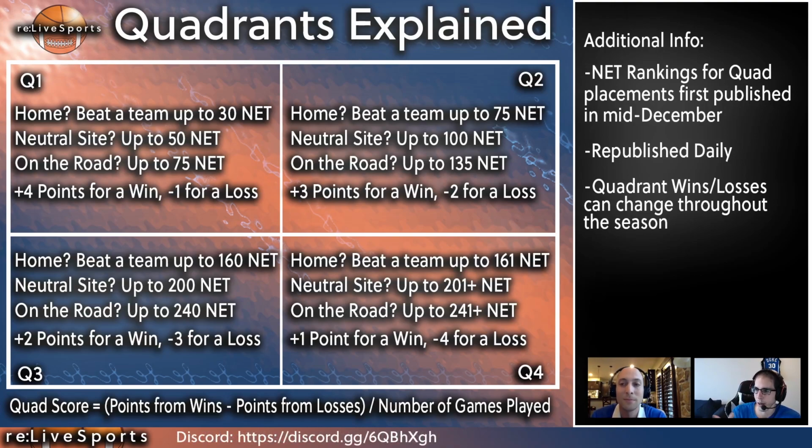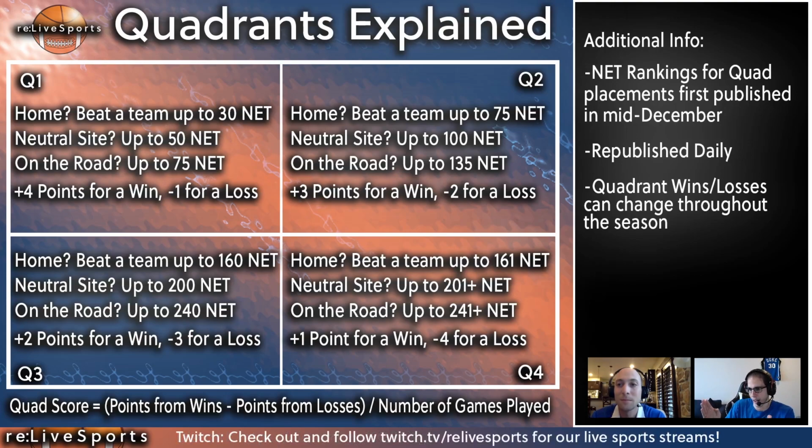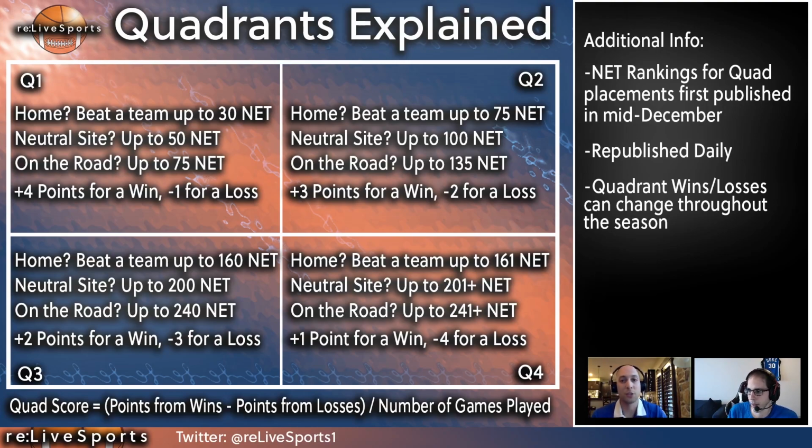So in Quad 1, you could have a home game, and if the team is ranked between 1 and 30 and you beat them at home, it's a Quad 1 win. But if you go on the road and beat a team that's, say, ranked 50, it counts the same. Yes, it counts the same. And so that's the NCAA saying that it's just harder to win games at neutral sites, which is the NCAA tournament for the most part, and then in true road games.